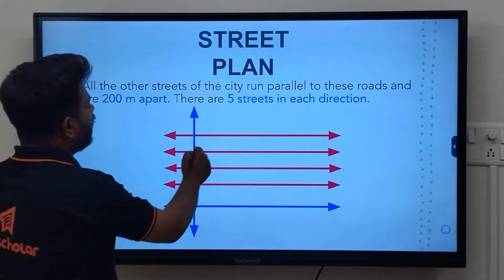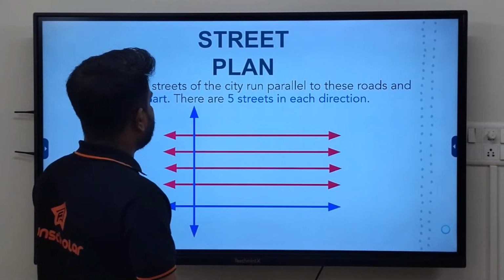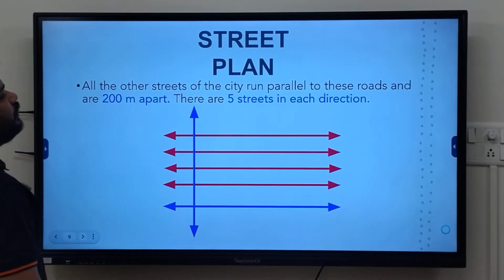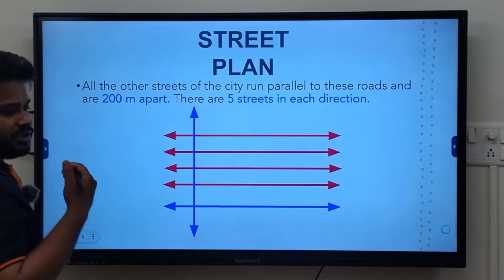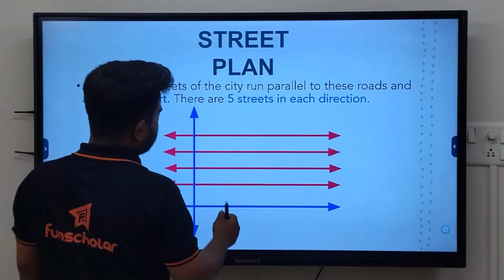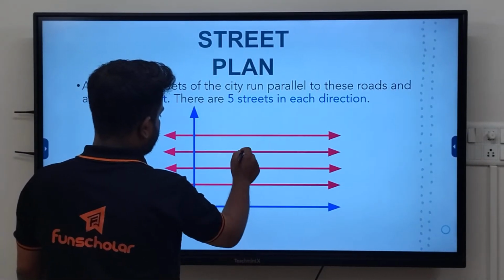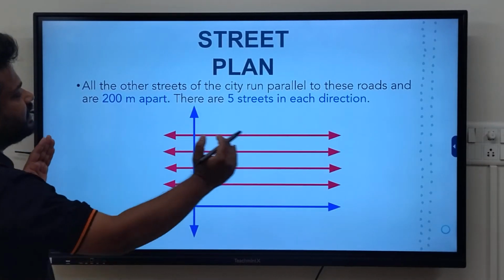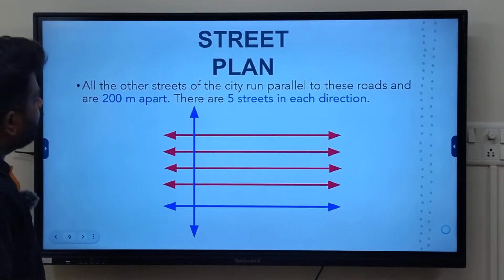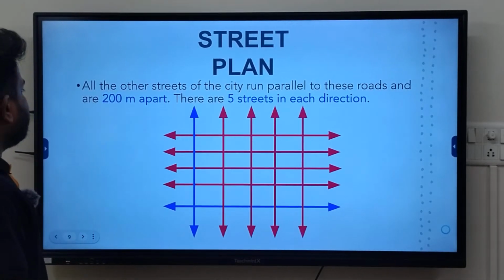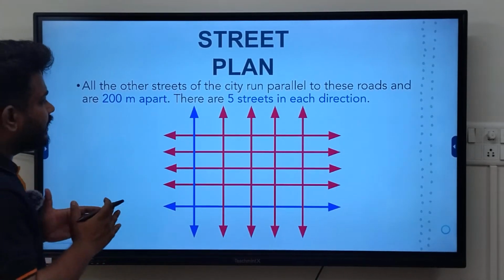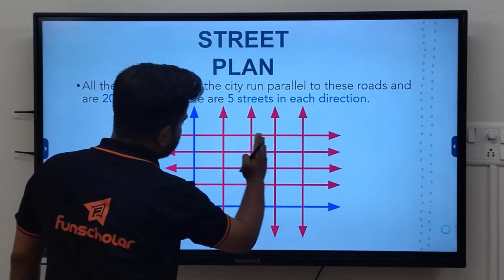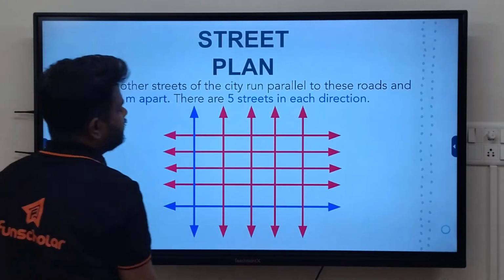They are all 200 meters apart, and this is 1, 2, 3, 4, 5 streets in the same direction. Okay, and next they are doing the same thing for the parallel direction that is crossing. This is also 5 streets.